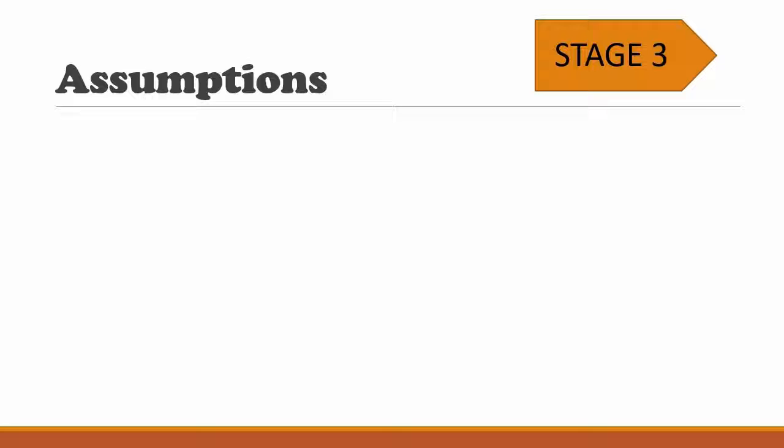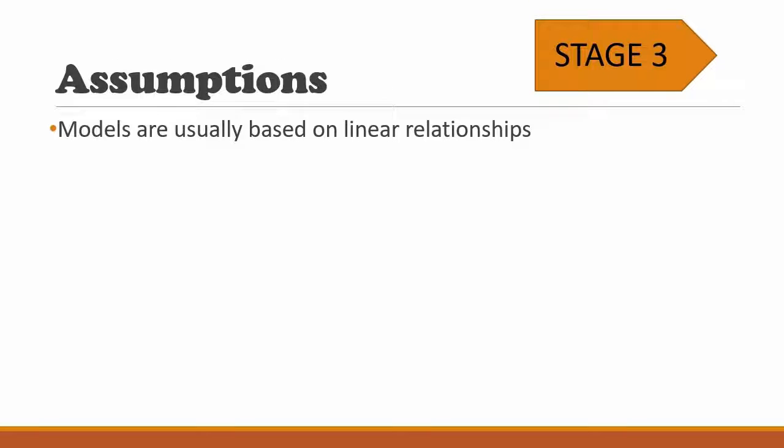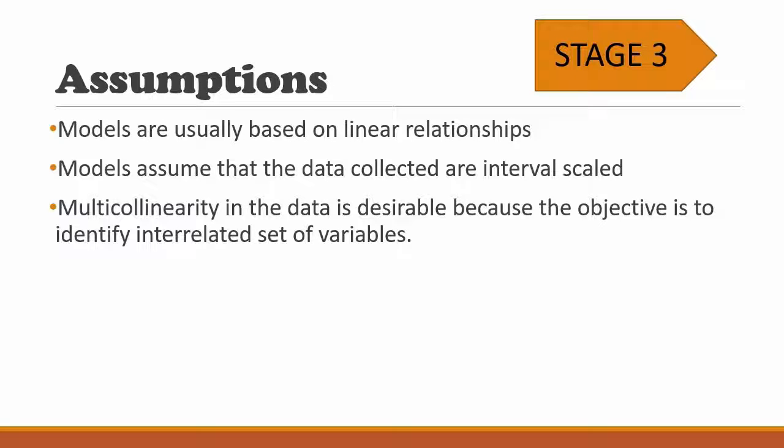Stage 3, assumptions. The first assumption is that models are usually based on linear relationships. Models assume that the data collected are interval scaled. Multicollinearity in the data is desirable because the objective is to identify interrelated sets of variables.